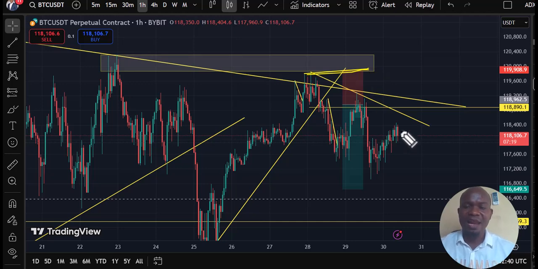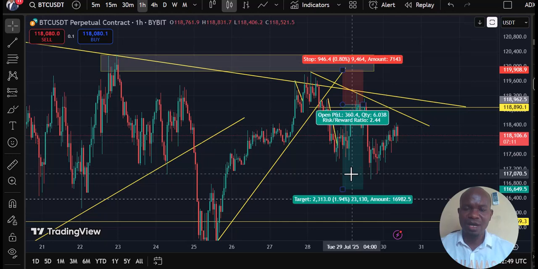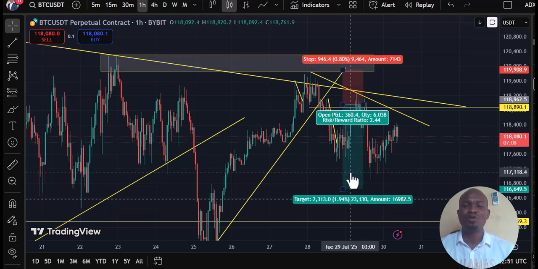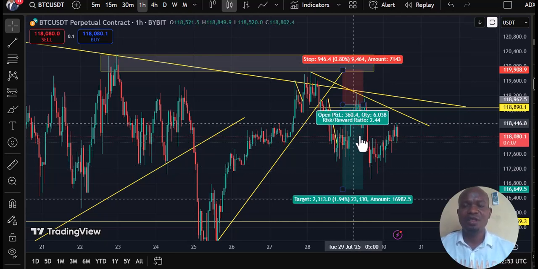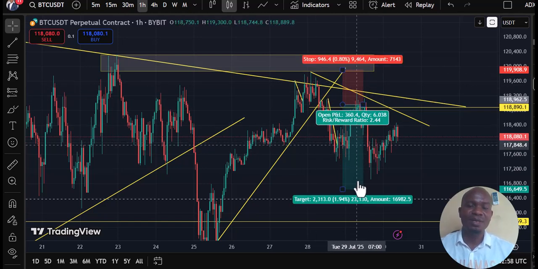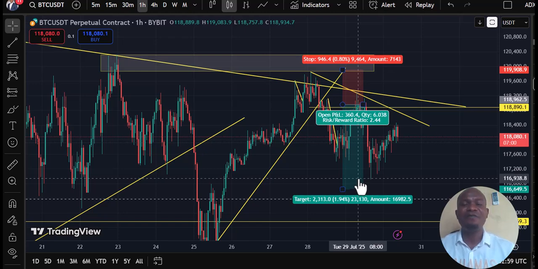And if it comes here, which I know definitely, then I'm already in profit. So I've already defined that this is a trade that averages 1:2 or 1:3. This is already 1:2.4. So whatever I'm risking, I'm planning to gain more. That's a game of probability.